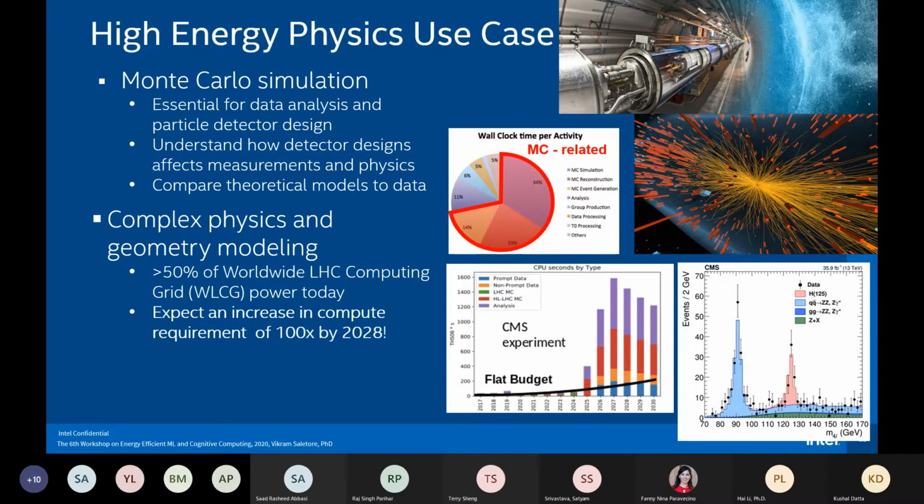And what CERN is saying is that when they get to 2028, they would need a compute requirement 100x what they have today. CERN does have large clusters of systems that they use around their Monte Carlo simulations.